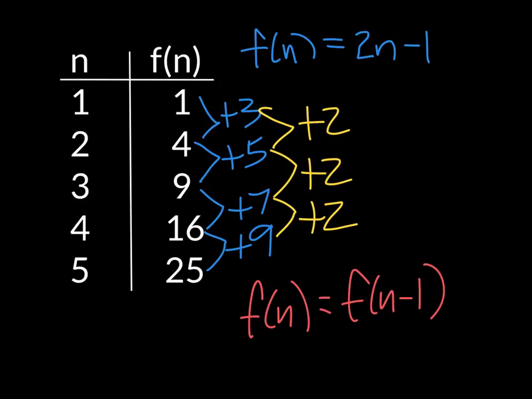And the rate of change for a quadratic is linear, and it's represented by that explicit equation, in this case, of 2n minus 1.